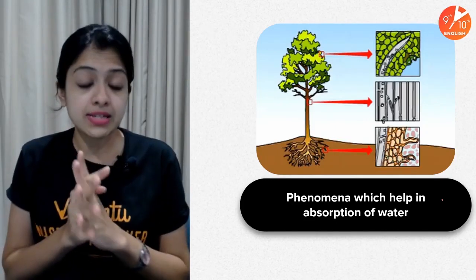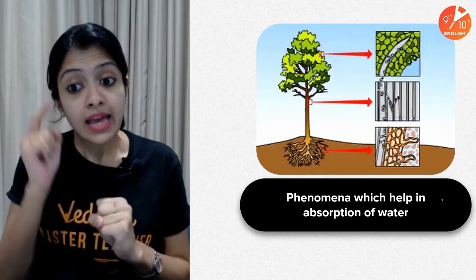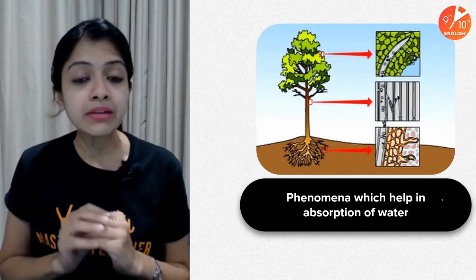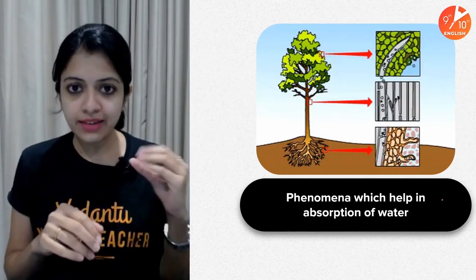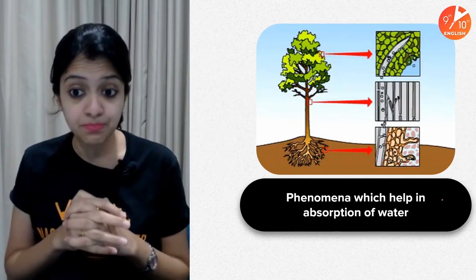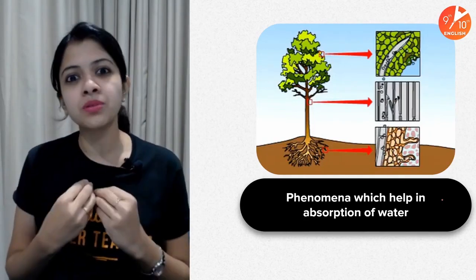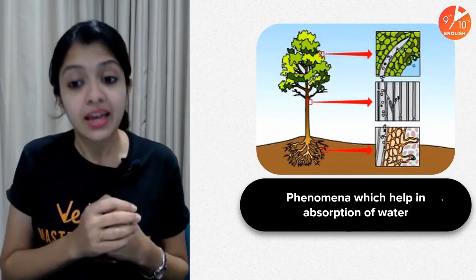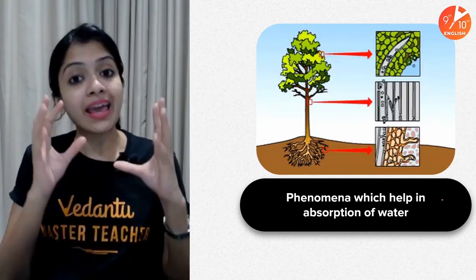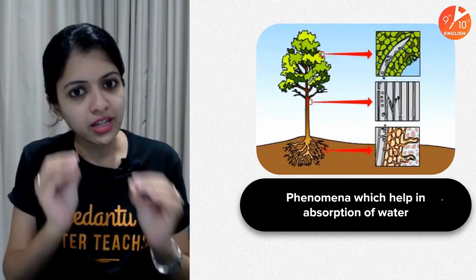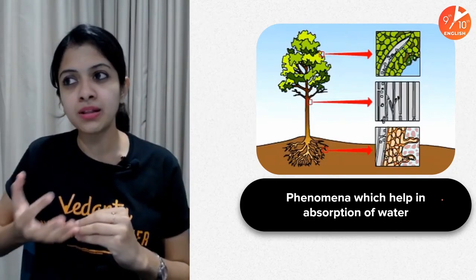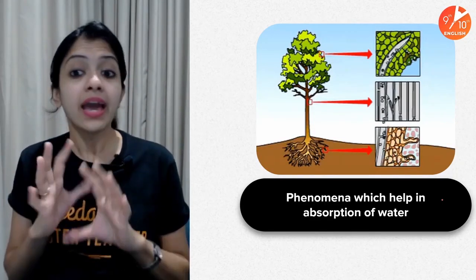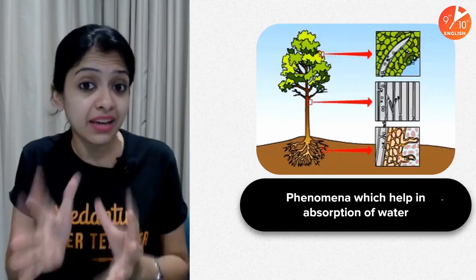Now, before I forget, talking about the importance of minerals, it's also important to keep in mind that in addition to water, minerals also play a role in all these functions like photosynthesis and respiration in plants. Just like in human beings, where iron deficiency or calcium deficiency becomes a problem, likewise in a plant body, if there is a deficiency of any mineral nutrient, say for example magnesium or manganese, it would lead to deficiency symptoms.